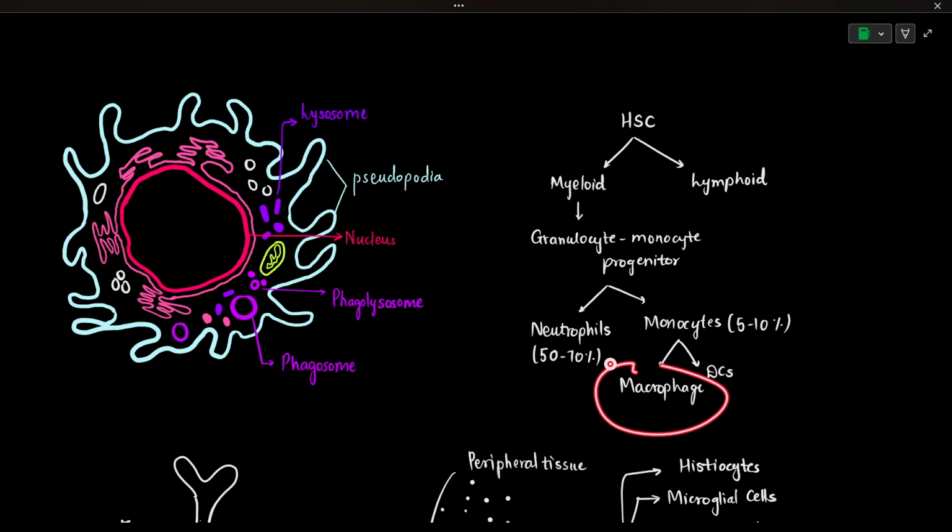So we are almost done with all of the myeloid lineage cells. We are going to move to the lymphoid lineage, and we will first discuss the natural killer cells. Once we have discussed natural killer cells, we'll discuss the cells of adaptive immunity, the B cells and T cells, then proceed with the immune organs, and then discuss innate immunity and adaptive immunity respectively.